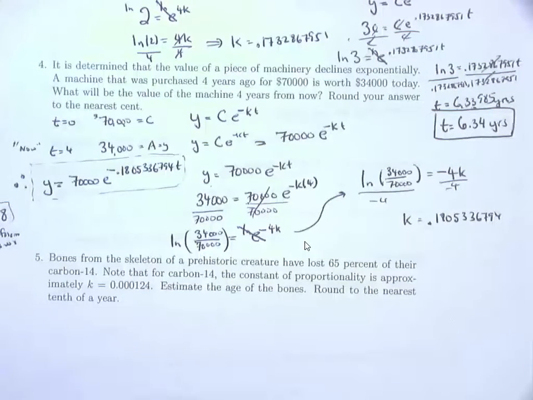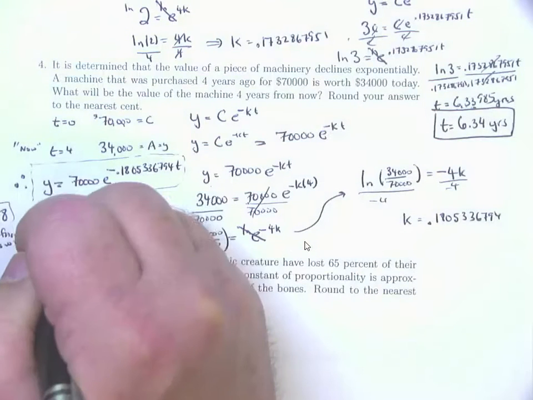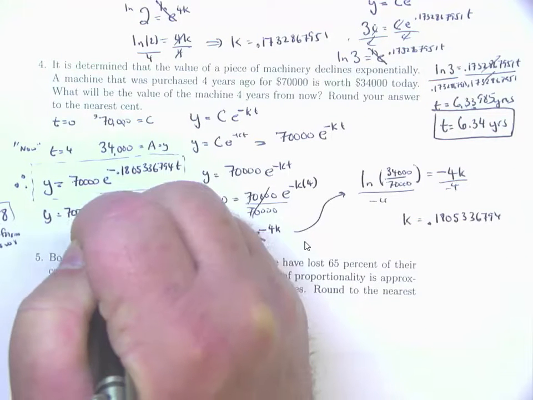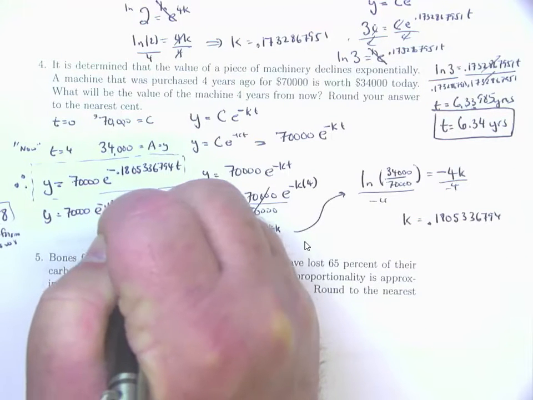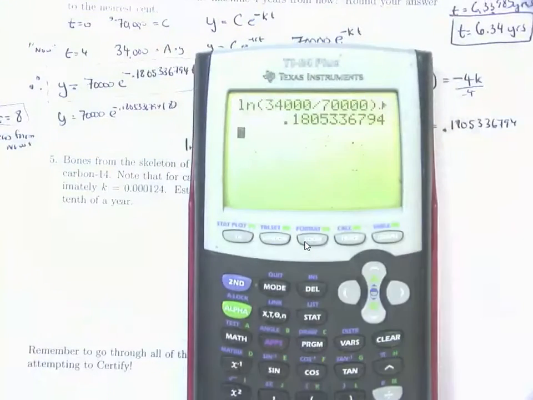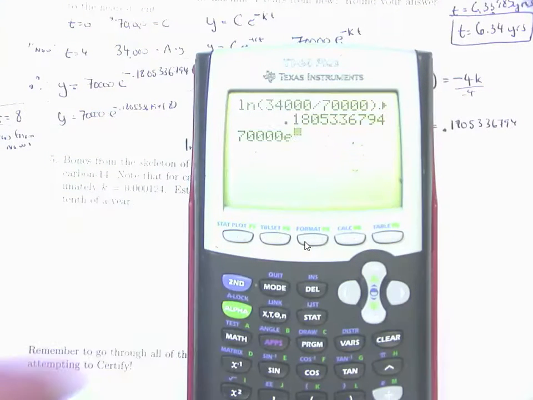So all I got to do now is just plug in 8 for time. So Y would be equal to 70,000 E to the negative 0.180533679 times 8. And I'll stick that on my calculator. 70,000 times E raised to the negative 0.180533679 times your time, which was 8 years.